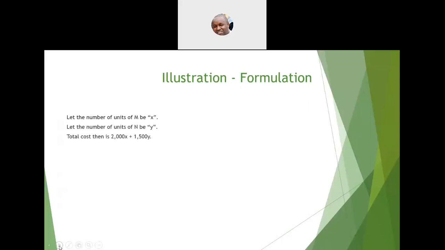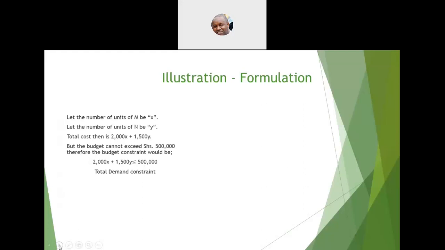Because we spent 2,000 shillings to produce a unit of M, which we are referring to as X, and 1,500 to produce a unit of N, which we are referring to as Y. However, our budget cannot exceed 500,000, and therefore we could write the budget constraint as 2000X plus 1500Y should not exceed 500,000, should either be less than or equal to 500,000.